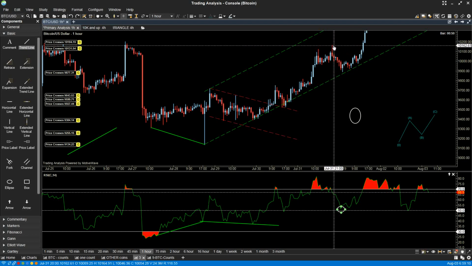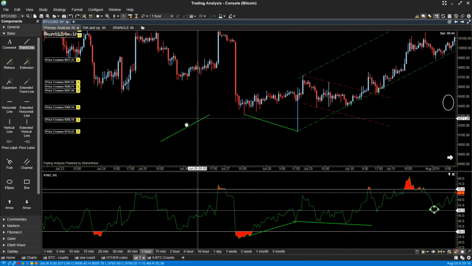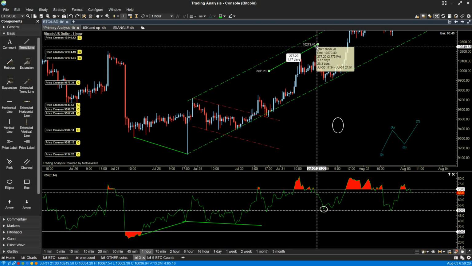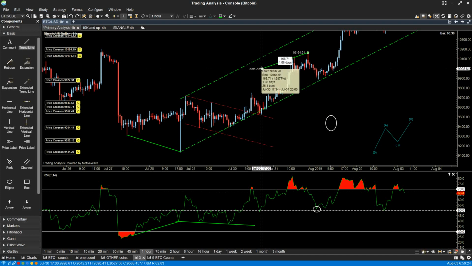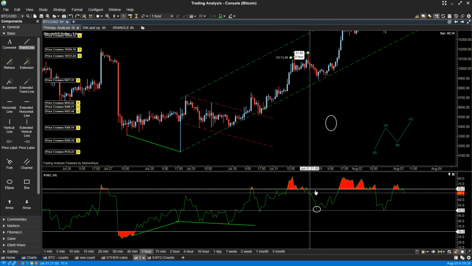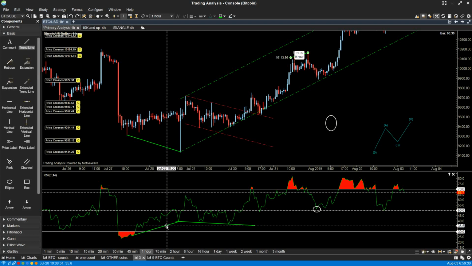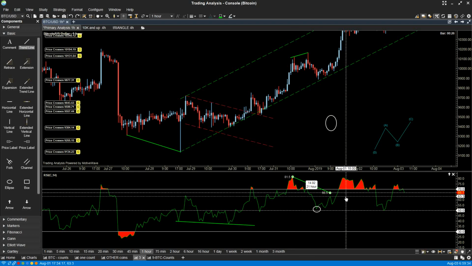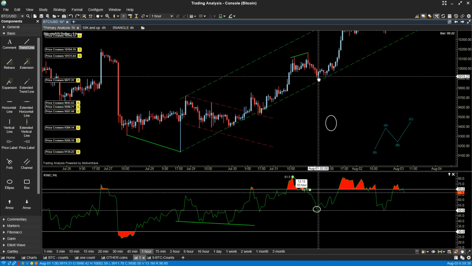At this pivot right here, I already know that I have a divergence again. Why? Because the price went to a higher high, where the RSI went to a lower high. What does that tell me? That we are definitely making a correction.